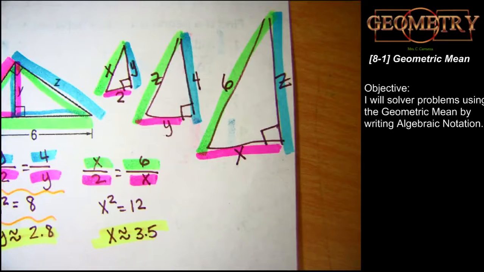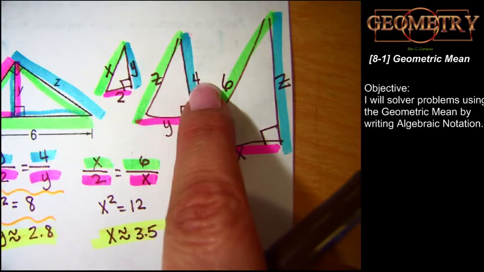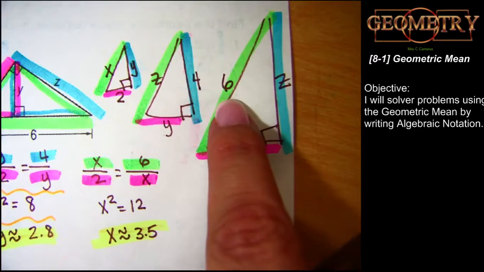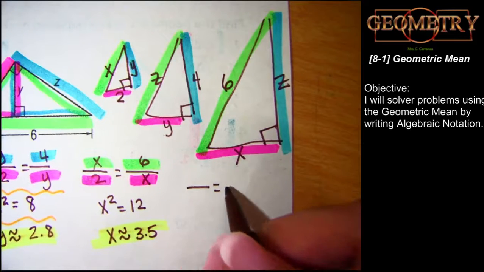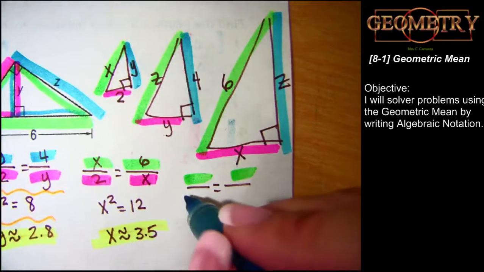All right, we only have one more letter to find, and that's the value of Z. I have Z here, the green and the blue. And the big triangle has the green and the blue. So I'm going to make that setup.